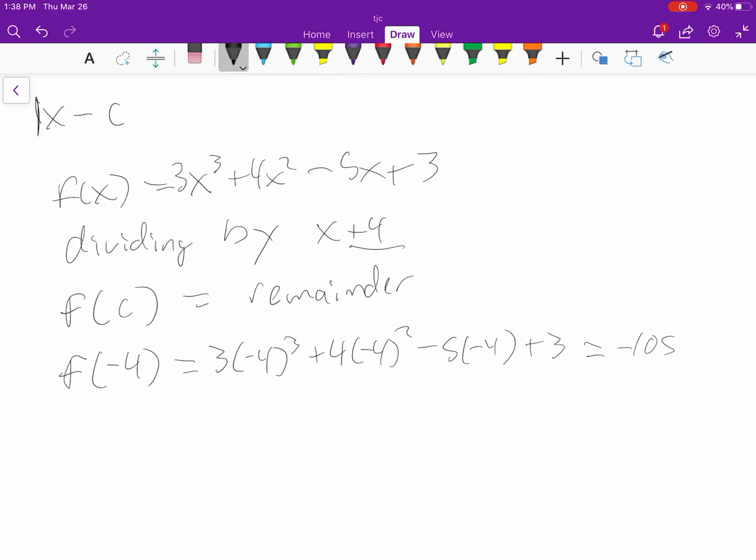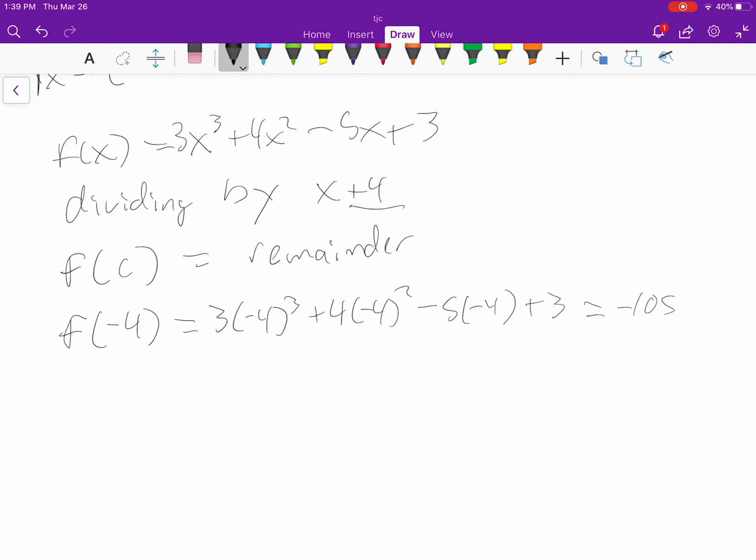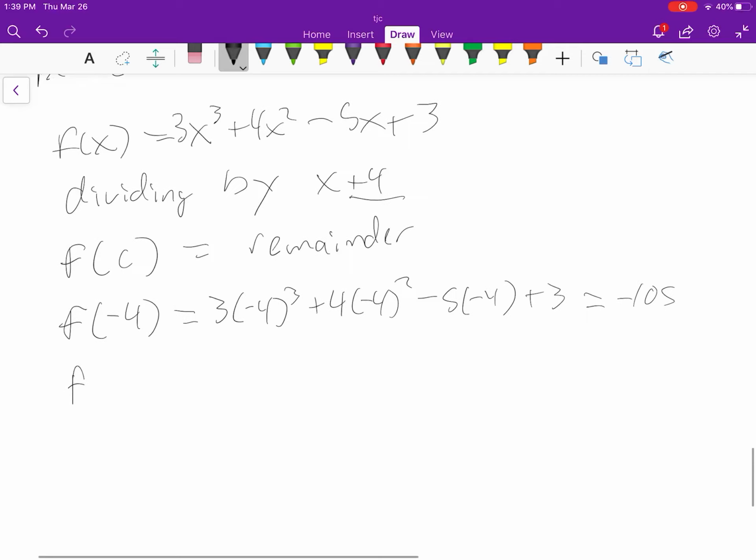There is the factor theorem, which is built off the remainder theorem. It states that if we're dividing by a binomial with a 1 as the coefficient in front of the x, and f of c equals 0, then x minus c is a factor.